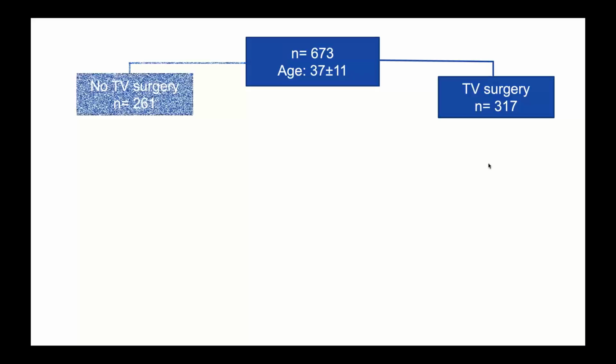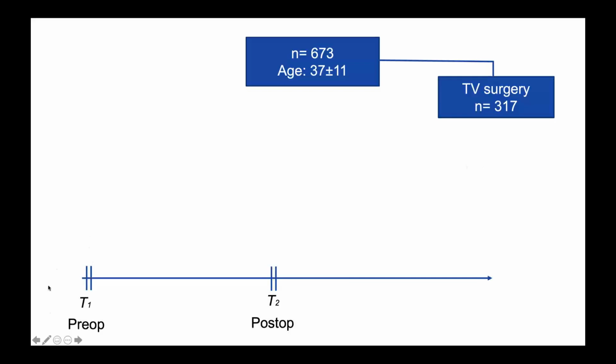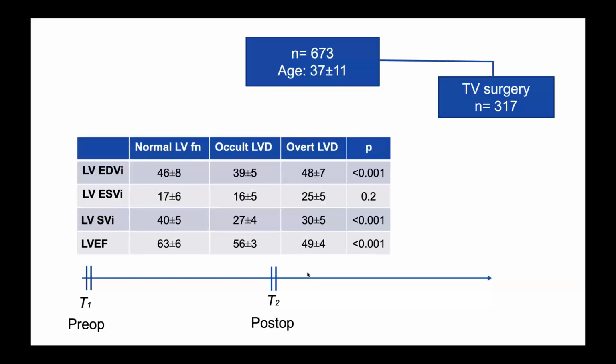So let's focus on the people now that had surgery. Again, we had a clinical and echo assessment at T1, which is the last assessment before tricuspid valve surgery. Then, a minimum of a year post surgery, we had another assessment. At baseline, as this is pre-op, we wanted to see how different their left heart volumes were.